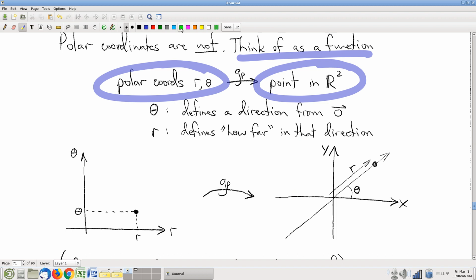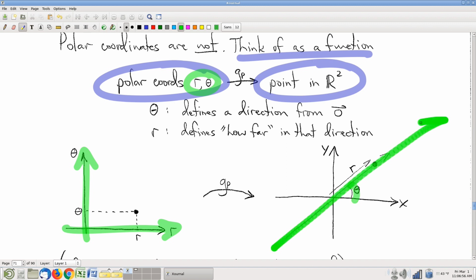Given these numbers r and theta, whatever that theta coordinate is, that tells you what direction to go. Whatever that r coordinate is, that tells you how far to go in that direction. And notice that that then gives you a point, which of course has x and y coordinates.